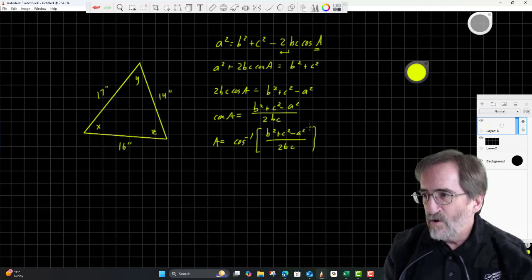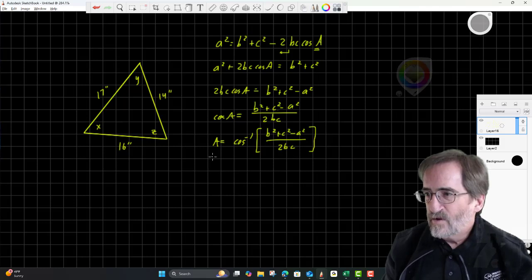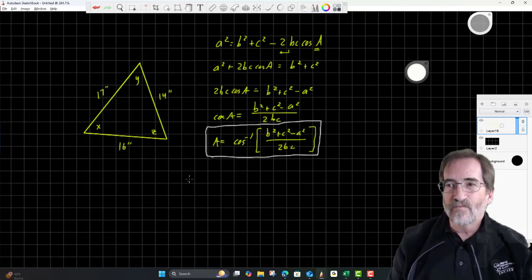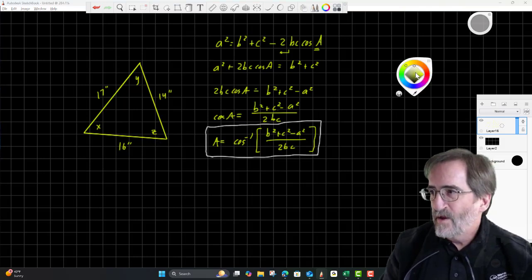And this is an alternate form of the law of cosines that you can use. You can use this version, where it's solved for the angle, to find the angles that you need.